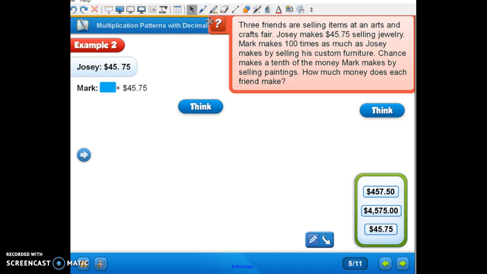So which way are we going to move our decimal? To the right. As Josie makes selling his custom furniture, Chance makes 1/10 of the money Mark makes. Now, that's a little tricky. You're going to have to go back to Mark, not Josie, when you talk about Chance. He made 1/10 of the money Mark makes by selling paintings. How much money does each friend make?